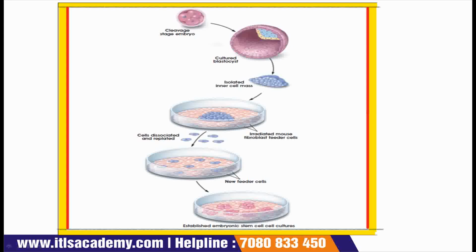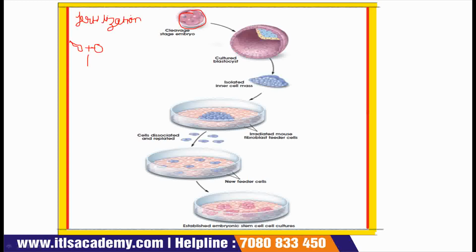Here in this diagram, you can see this is the cleavage stage embryo. What is a cleavage stage embryo? I hope you are all familiar with the process of fertilization. Fertilization is a process of fusing a sperm and an egg.